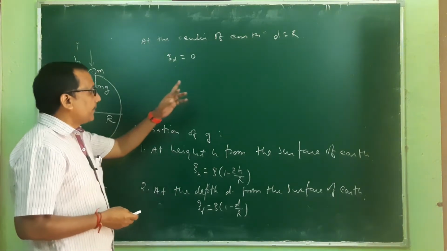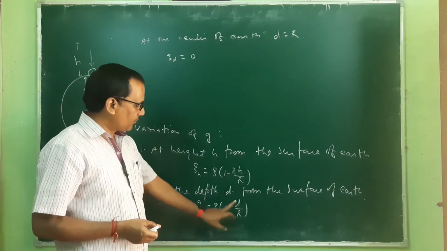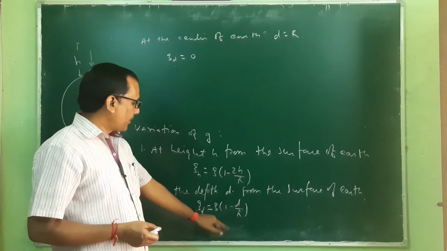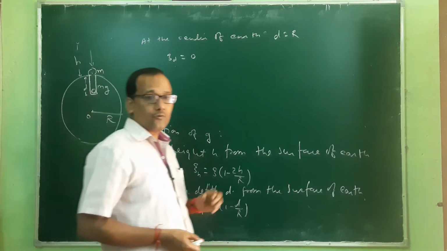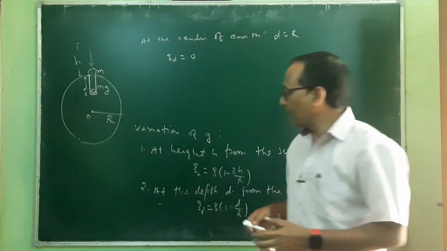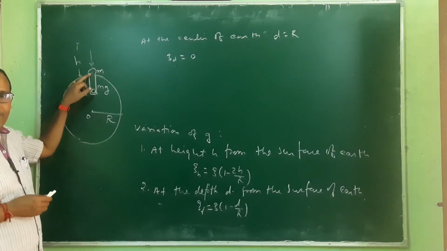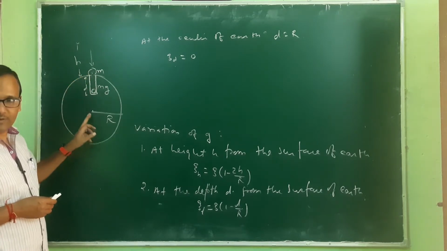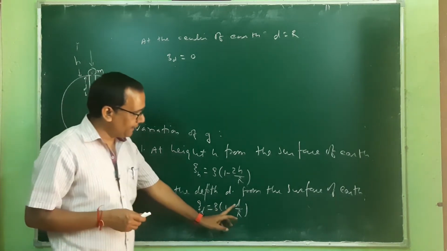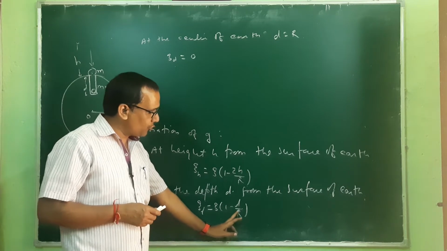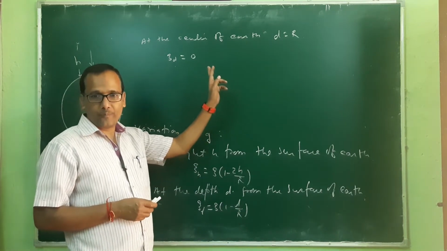When we take this d equal to R, R by R will be equal to 1, so 1 minus 1 is 0, so g at the center of Earth is 0. So when we move from the center of Earth toward the surface, this d is now going from R to 0.